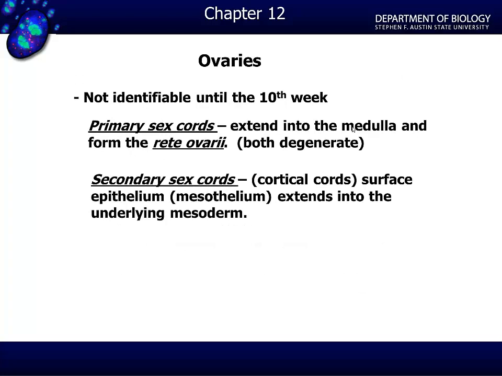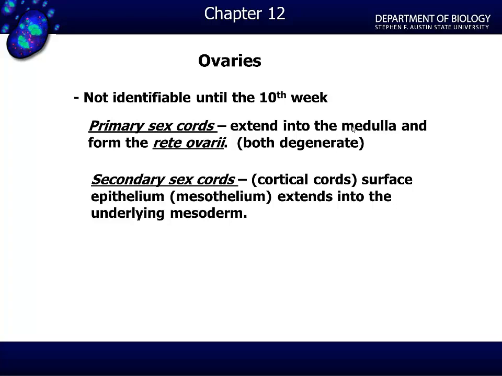Now let's shift gears, move away from male development, and look at the development of the female gonad. In this case, we're not going to really develop these until about the 10th week. And again, much like what we saw in males, this is going to be the opposite in females. Our gonadal cords, those primary sex cords, are going to extend into the medulla just like we saw.